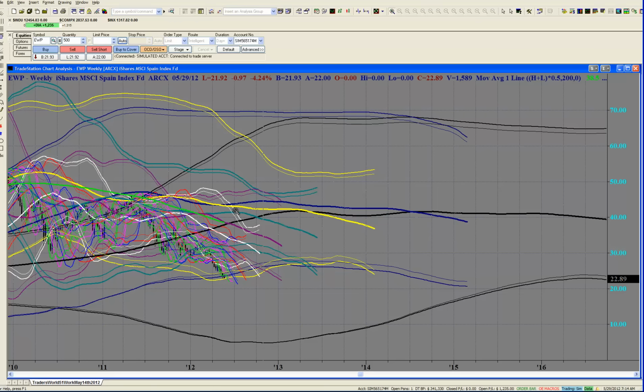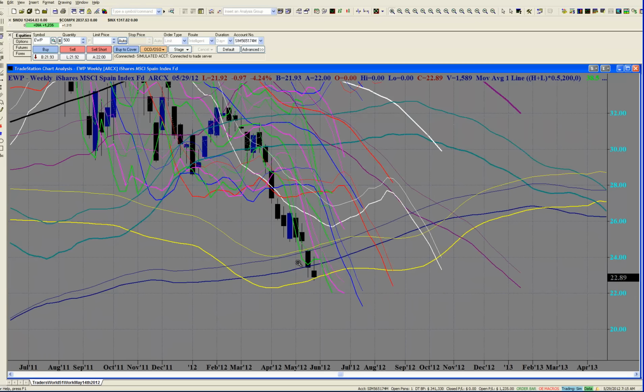And the scary thing is, what I indicated way back when we were up over here is that it wasn't a matter of if we're going to break this point, but we're heading towards this point, and now we're finally underneath it. You can see over here the bid-ask spread before the market opens is 21.93 to 22, and the last trade in the pre-market was 21.92, which means that we have a weekly opening bar that is below 22.30.